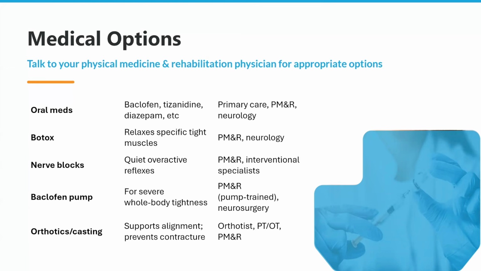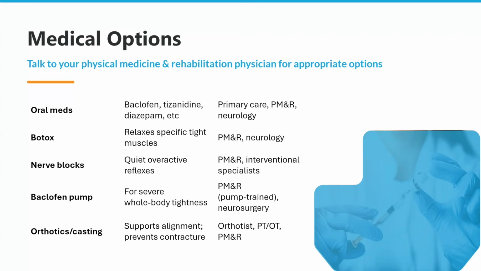If the spasticity is more localized, let's say the only place that you feel it is in your ankle or just in your wrist, then you may get Botox to a specific muscle, addressing just that one part. So these are things that are out of my scope as a physical therapist, but I would refer you to any of these other disciplines to see if they're appropriate for you.